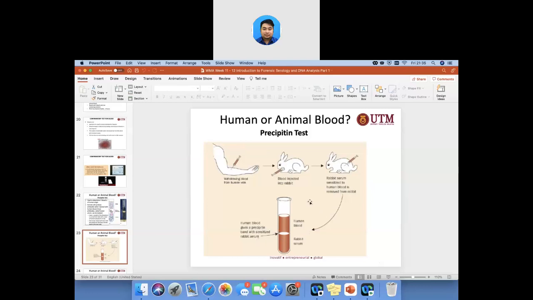If you place animal blood into this test tube and you put the human serum inside, then it would not have any precipitate, because only human blood will give the precipitate. So now you know how to determine whether it is human blood or animal blood by the precipitin test, but it involves an animal to produce the human serum. Alright.